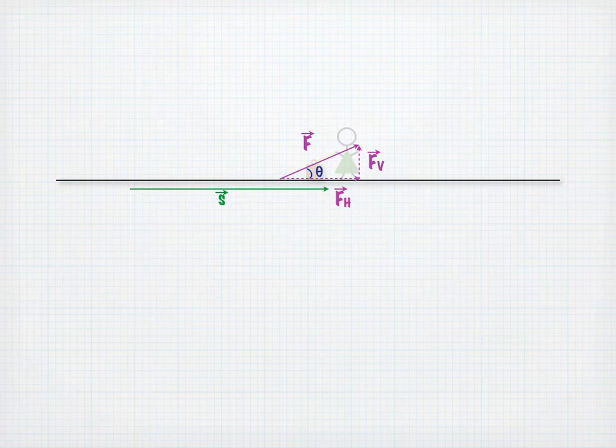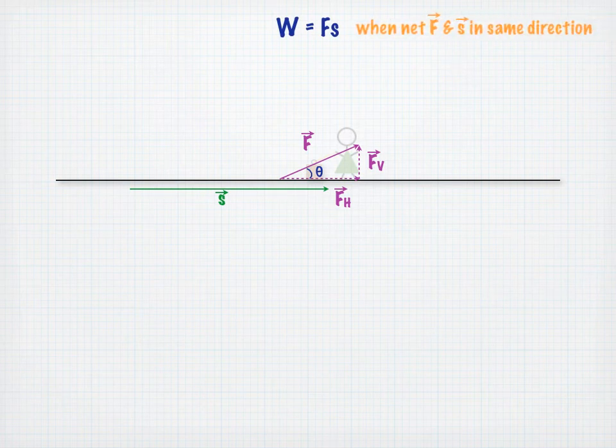In our previous example, the net force on the box was in the same direction as the displacement of the box. We saw that, in this case, the work was found by multiplying the magnitudes of the force and the displacement. This is only valid when the net force and the displacement are in the same direction, so it would not work in our current case.